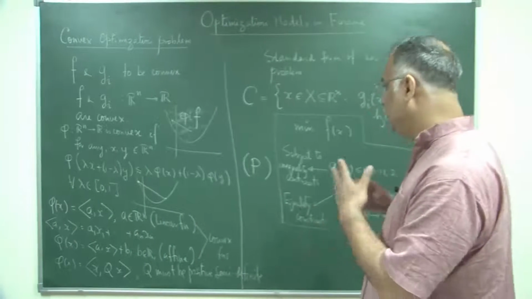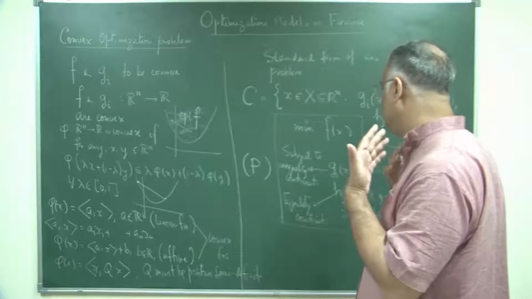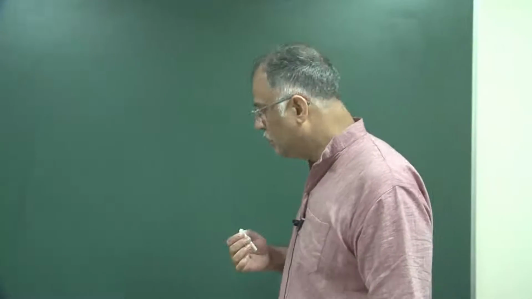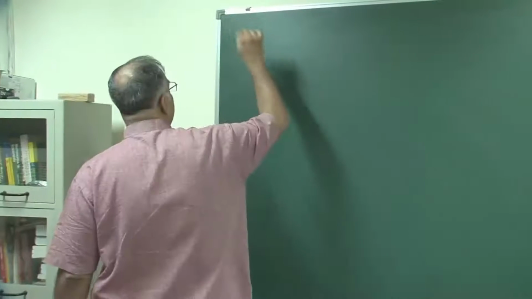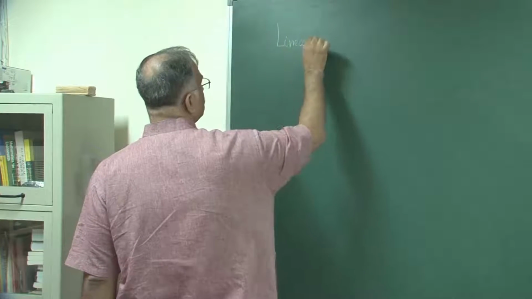Okay, and now we will write about linear programming problems. We will also write about quadratic programming problems. So we are now going to start talking to you about linear programming problems or linear optimization problems.